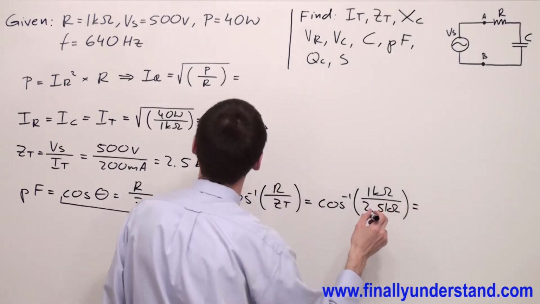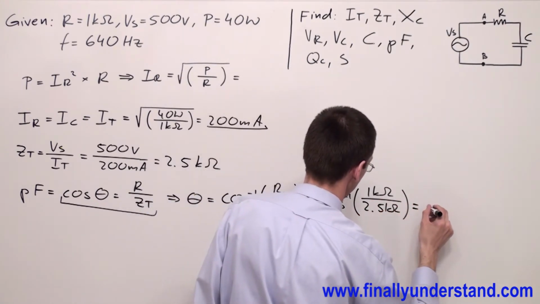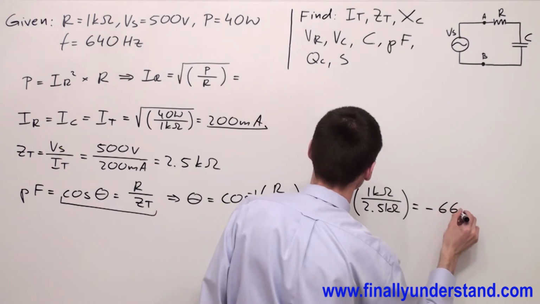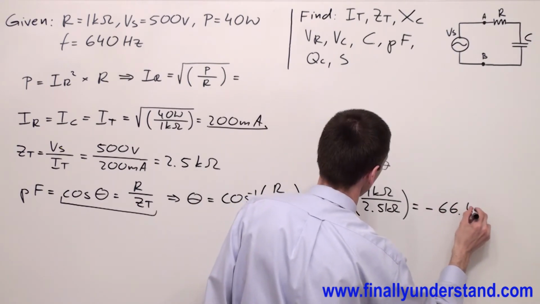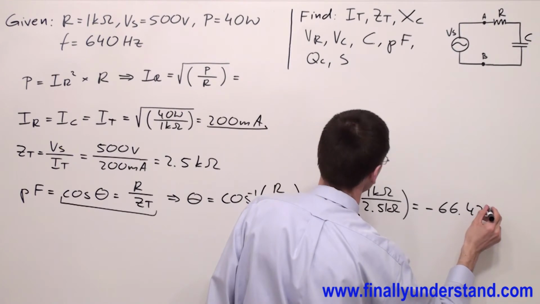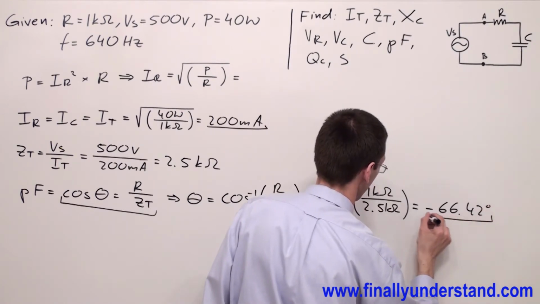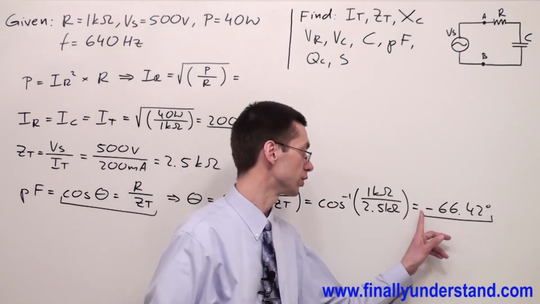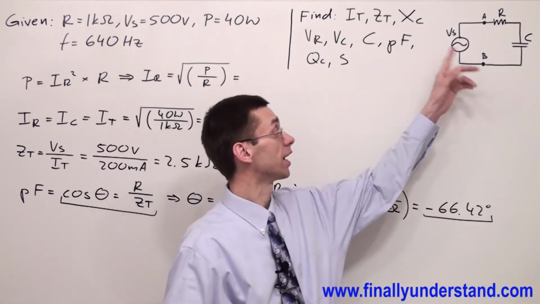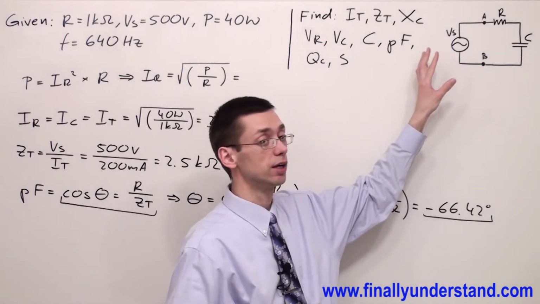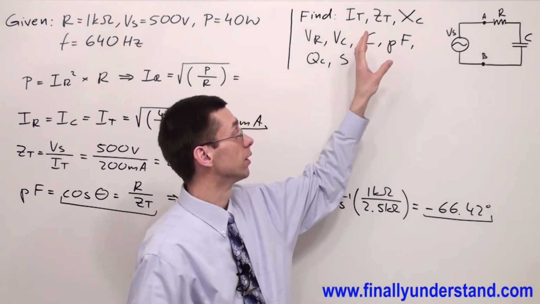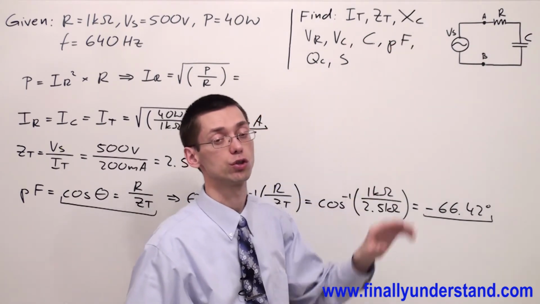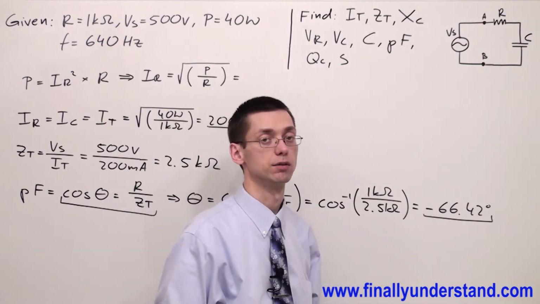This is equal to negative 66.42 degrees. Again, someone is going to ask, how come you got negative? Please notice that we are dealing with an RC circuit. The total impedance of the RC circuit is going to go with a negative angle.